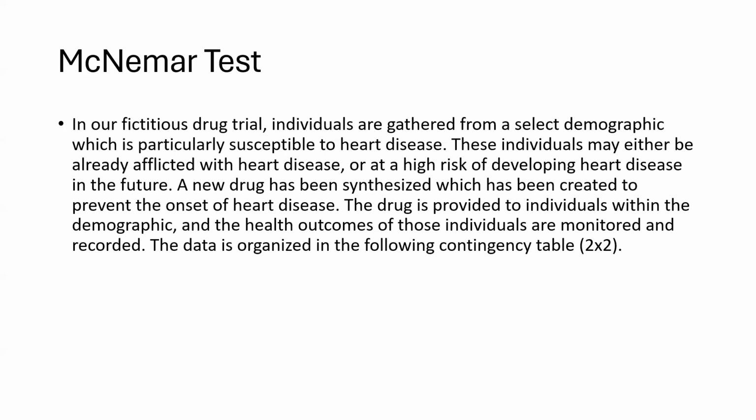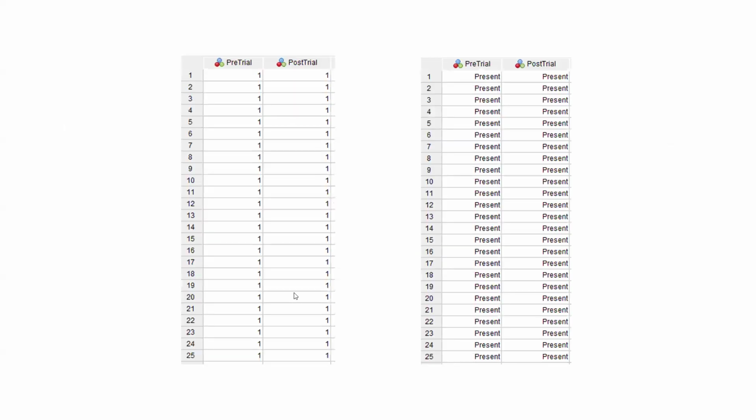So we're going to have to create the contingency table in SPSS, but I'll show you how the data looks in SPSS. So we have our data on the left, and that's the same data in CSV format in the video description. We have pre-trial and post-trial as our variables, and for each instance of 1, we have present, meaning heart disease is present.